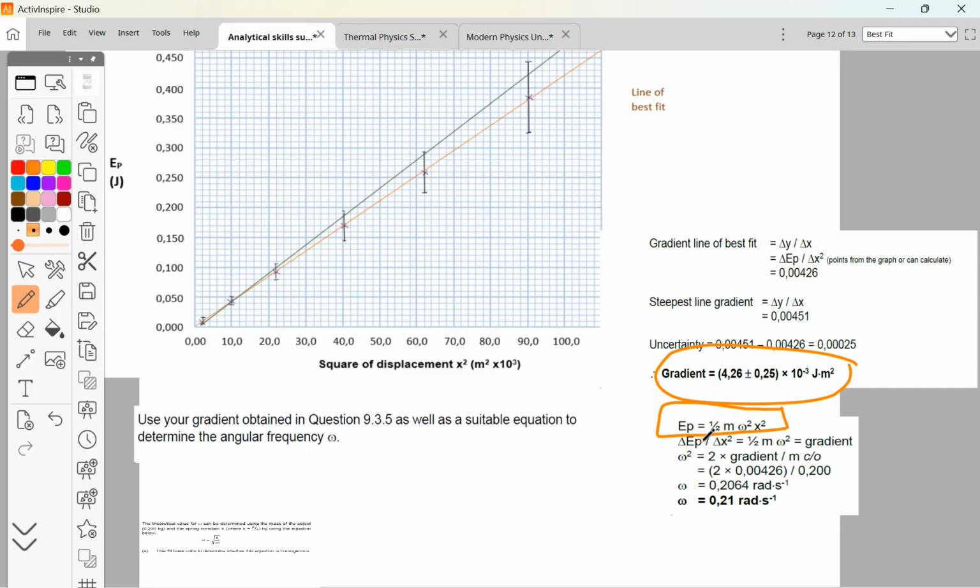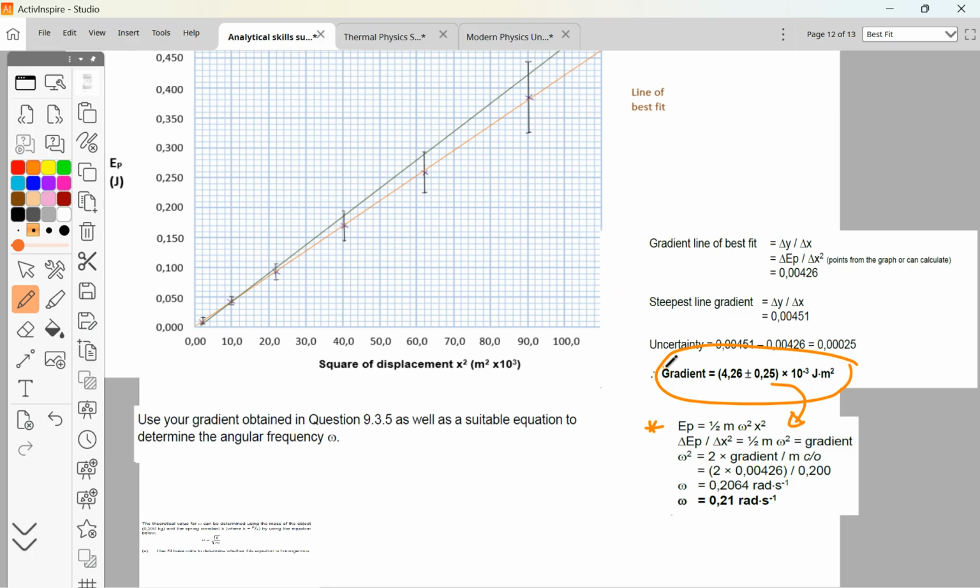I'm going to share the oscillations, or the graphing video with you that was at conference about last year's paper, about the graph specifically. But here you can see that was the equation we used because we've got x squared, and the question asked for the angular frequency. So that is why we knew we need an equation with the omega in it, and you can go through the maths. But never ever did this memo go back to the table. You substitute it into the equation from your calculation that you've just had.